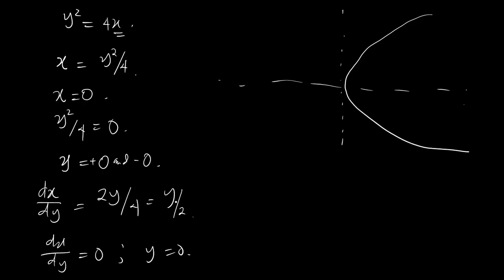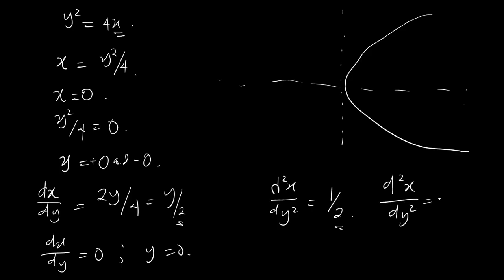If you differentiate this further, d squared x over dy squared, you have 1 over 2. So since d squared x over dy squared is greater than 0, it's a minimum point on the x-axis.